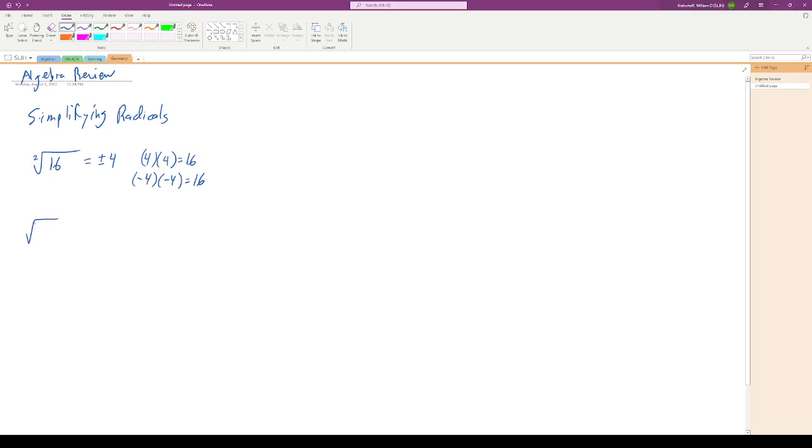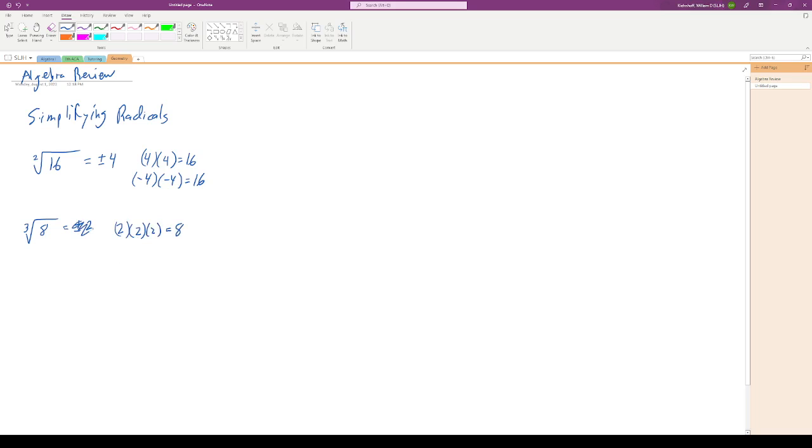But it can have other numbers. If I had a 3 here, then that means the cube root, or the third root, of whatever number is in here. So if I did the cube root of 8, for example, that would equal plus or minus 2, because 2 times 2 is 4, times 2 is 8.